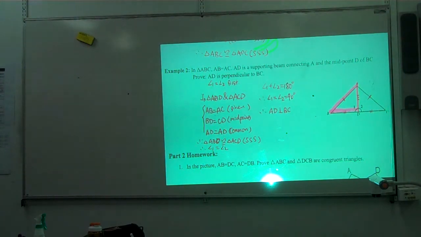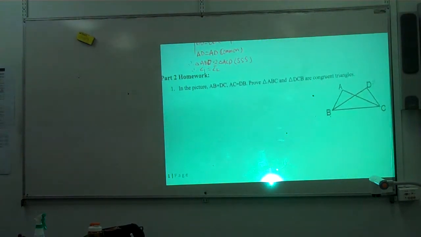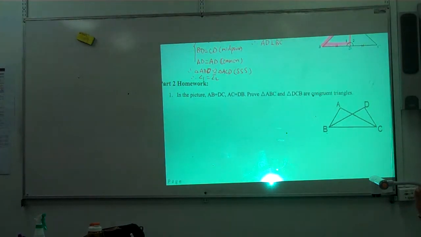Now we want everyone to quickly have a look at this question. Do the marking: one line, two lines, three lines. Find the three lines, and then start writing your introduction, three paragraphs, and conclusion. You need to think about the common side, BC or CB. You need to have a look at how they cover each other.